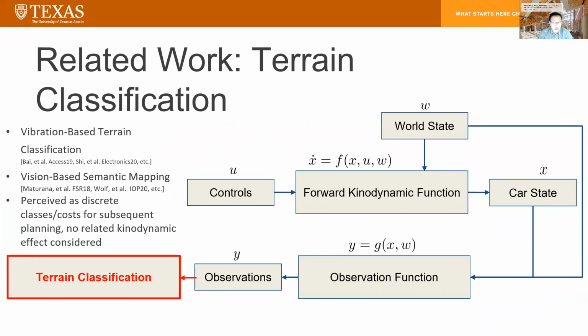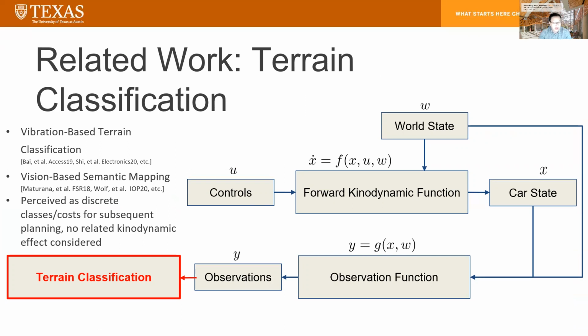There are some conventional schools of thought to address this problem. First, let's assume you have some sensors on board the robot, and you have some observation functions that can give you observations Y as a function of the car state X and world state W. Then you can do some form of terrain classification to understand what kind of terrain you are trying to drive over.